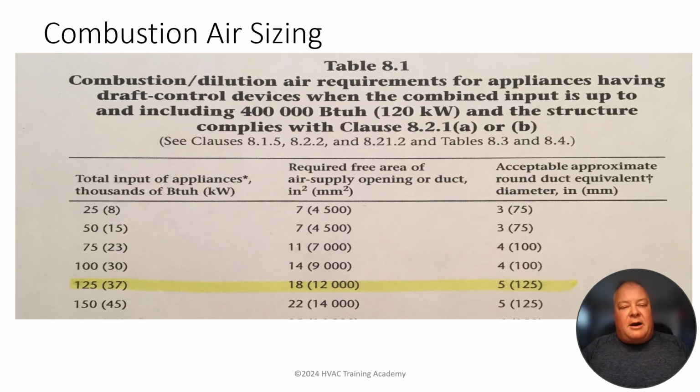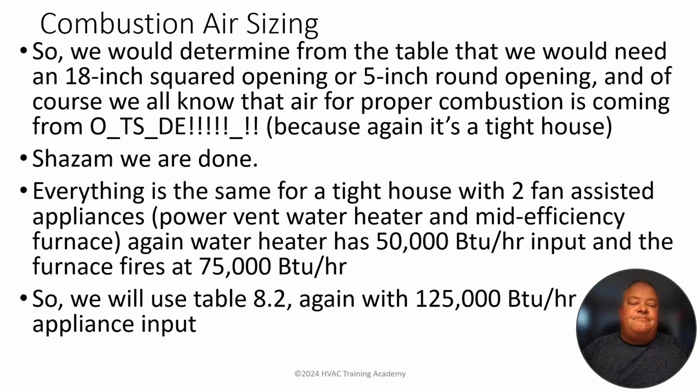Until we get to 126, at which point we will move on to 150. As soon as you cross that line, you're moving up to the next largest size. So we said we need an 18-inch square opening or 5-inch opening, and where are we going for that? For proper combustion, of course, it's outside because it's a tight house. That's it. We're done. Pretty simple.